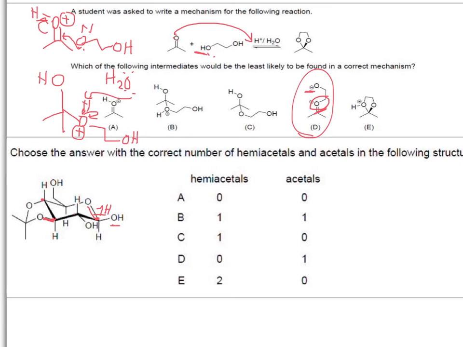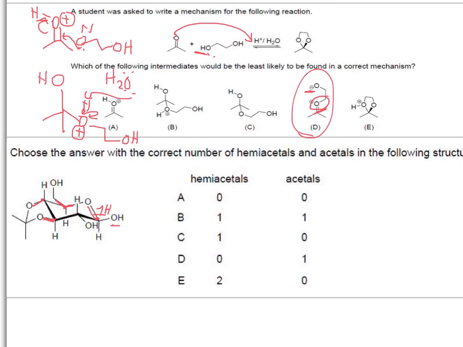If you look at the other one, that also is an ether because it has an oxygen on one side and it has a carbon on the other. If you go over here, you would see that there is an ether on one side and there's a carbon on the other side.